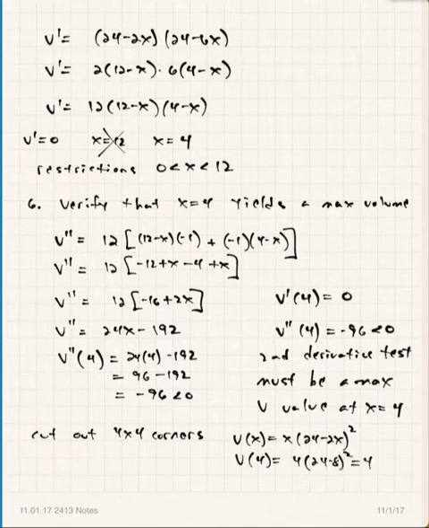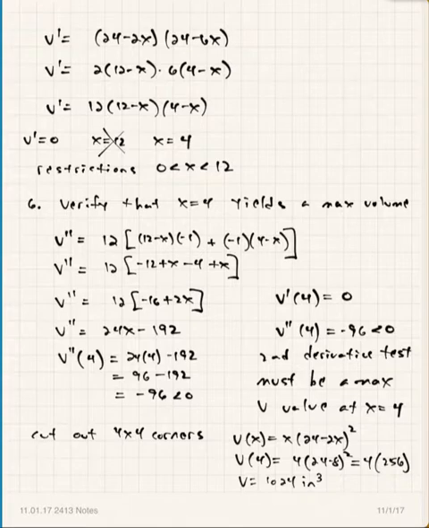So that'd be volume would be 4 times 24 minus 8 is 16. 16 squared is 256. Like that. And so you get 1,024. So that would be our volume, 1,024 cubic. And I think we were doing inches here, so this would be cubic inches. That would be our maximum volume.